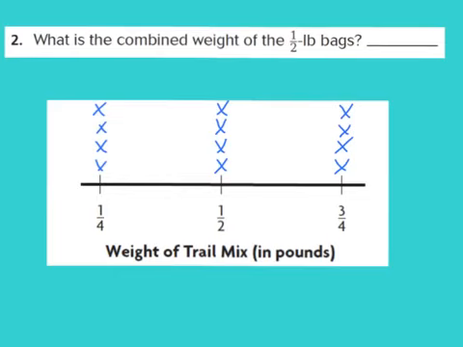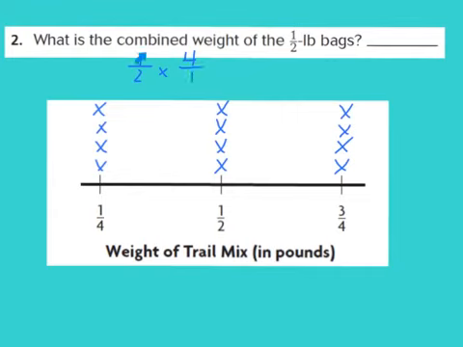So I can utilize the strategy that we did on the last question, and what I'm going to do is this. I'm going to take my 1/2, so I'm going to go ahead and write down 1/2, and I'm going to multiply that once again by the number 4, because there's 1, 2, 3, 4 1/2 pound bags. So I'm going to multiply 1/2 times 4, and remember, I can place a 1 underneath that 4 to put it in fraction form.